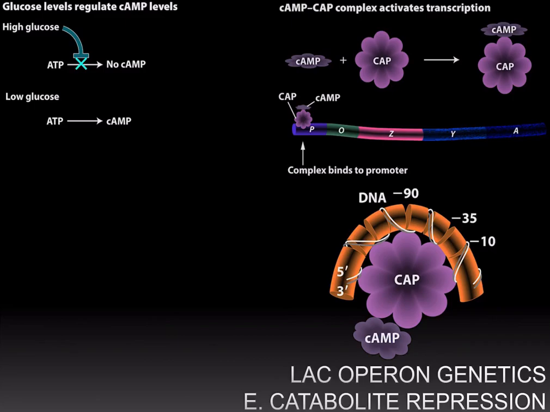And here's the -10 box, and here's the -35 box of the Lac Operon promoter. This bending of the DNA recruits polymerase, so it allows more and more polymerase molecules to arrive at the promoter and shoot off.